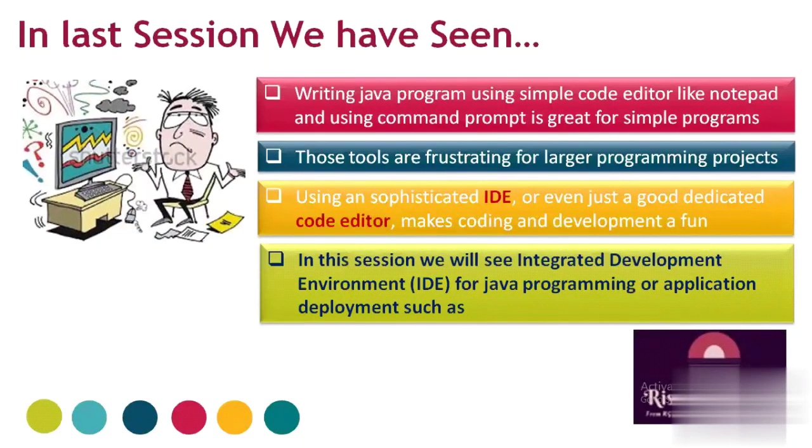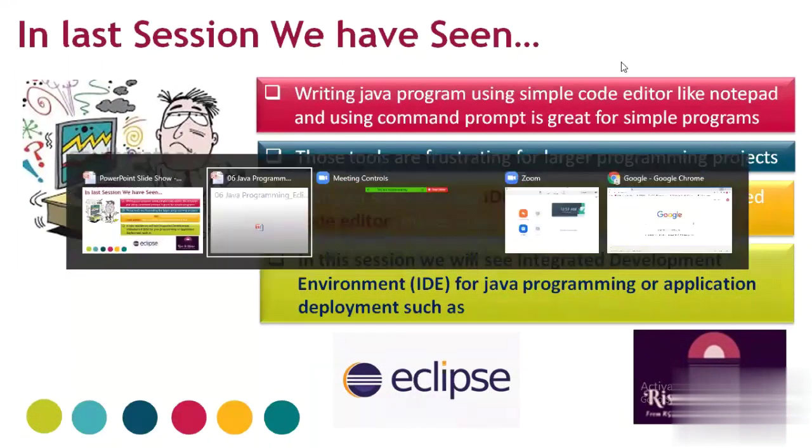So in this session, we will see one such integrated development environment for Java programming and application development, Eclipse. To install Eclipse on your machine, first you have to download it.